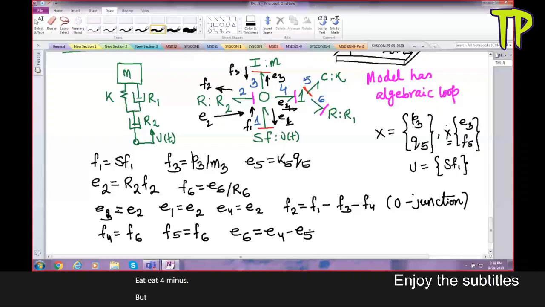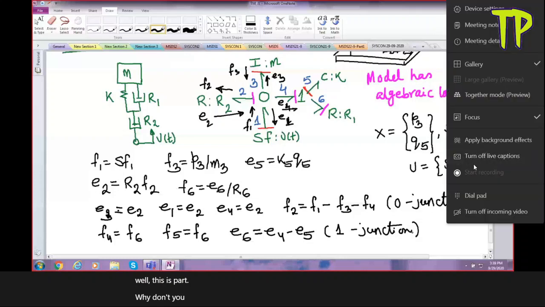So this is for the one junction. So we have written all 12 equations.